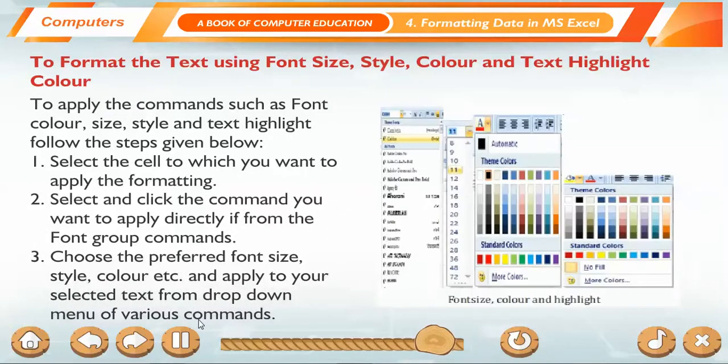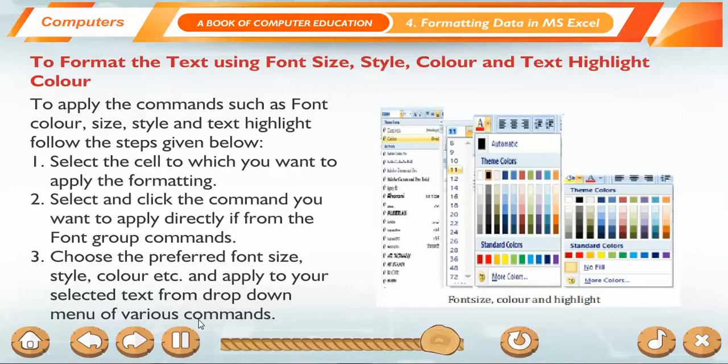To format the text using font size, style, color and text highlight color. To apply the commands such as font color, size, style and text highlight, follow the steps given below. Select the cell to which you want to apply the formatting.